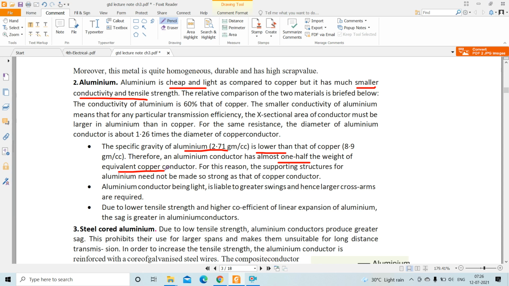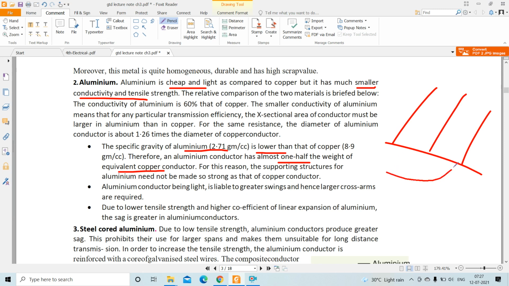Aluminium conductor, being light, is liable to greater swings, and hence larger cross arms are required. See, this is the cross arm and these are the conductors. Aluminium is very light, so whenever there is wind flow or wind pressure, there is a greater swing.